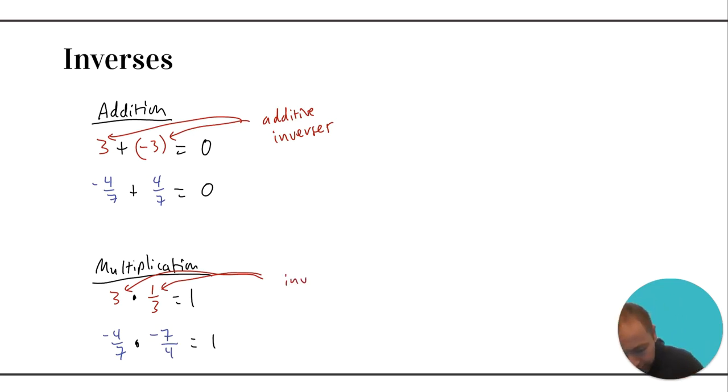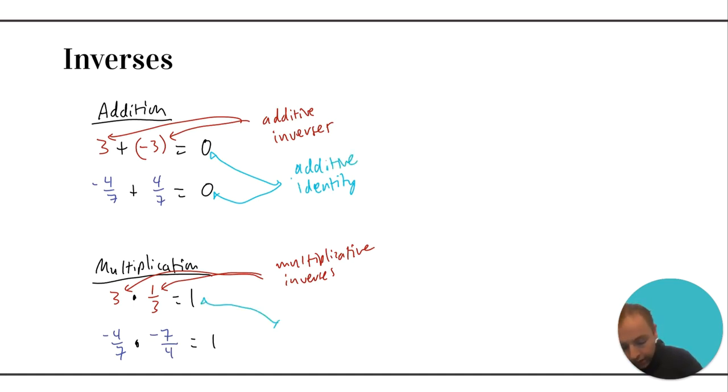So yes, they're inverses, but this was specific to multiplication. Those are multiplicative inverses. Whenever you cancel out inverses through addition, we always get 0, and that's what we call the identity element in addition. Specifically, it is the additive identity.